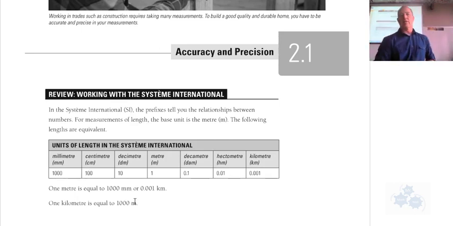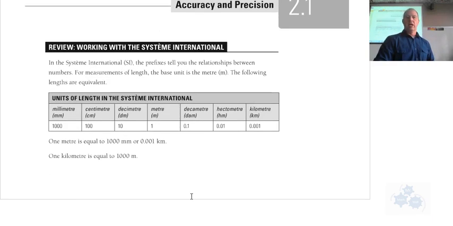The prefixes we're going to be studying are decimeter, centimeter, millimeter, decameter, hectometer, and kilometer. The prefixes, the parts of the word at the beginning, are the metric, the SI system.